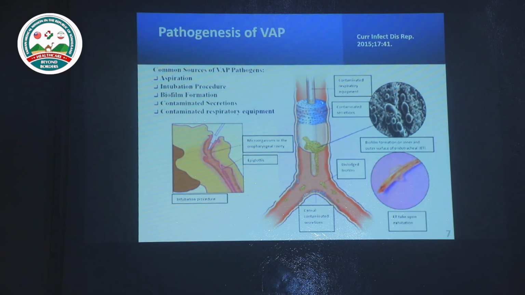The pathogenesis of VAP includes, first, aspiration. If the patient has poor oral cleaning, dirty saliva can be aspirated into the lung to cause pneumonia.